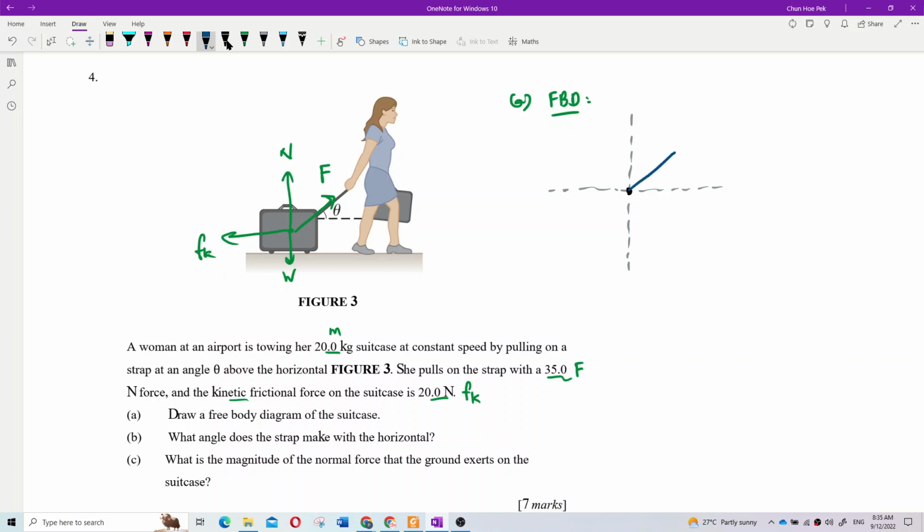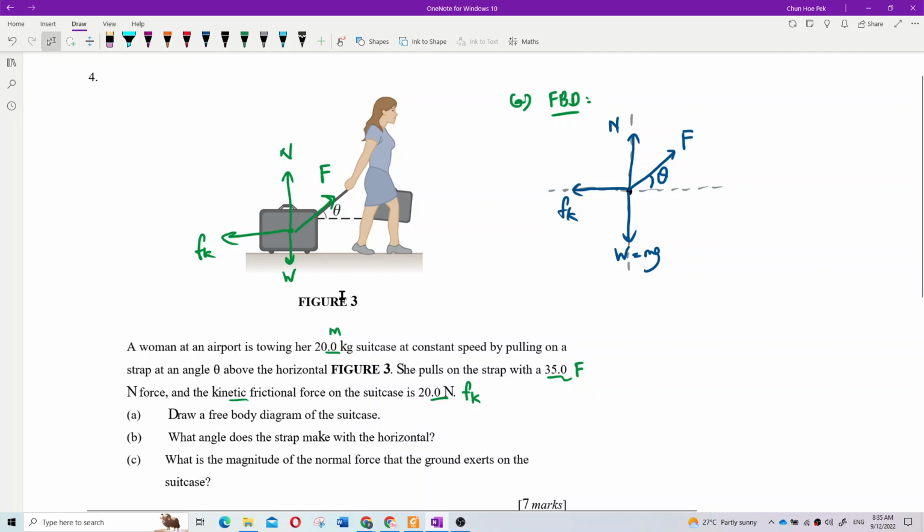Then this is the angle, and then this is the friction. This is the weight, which equals mg, and then you have the normal force.